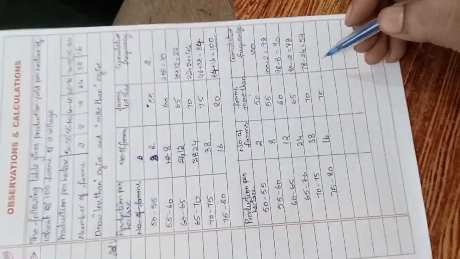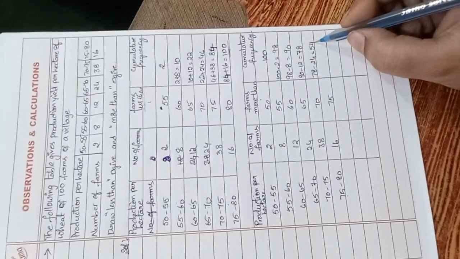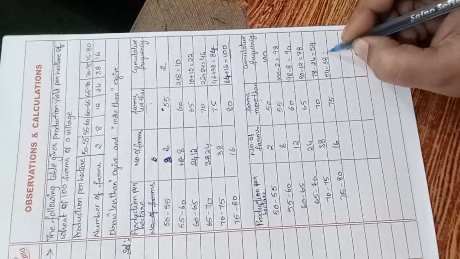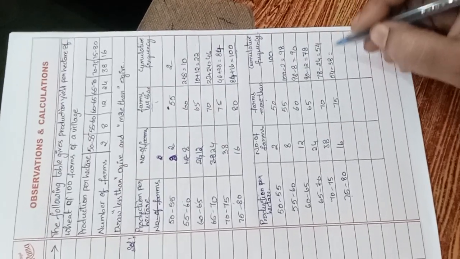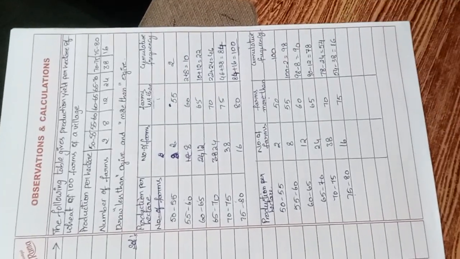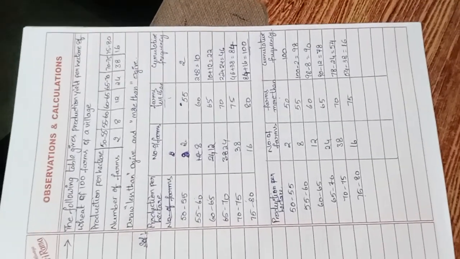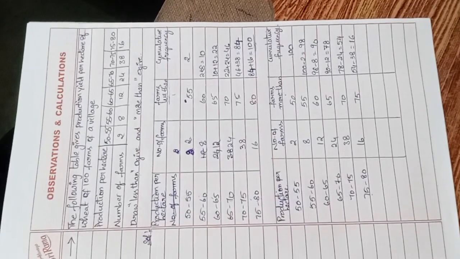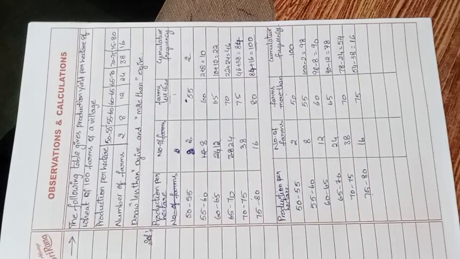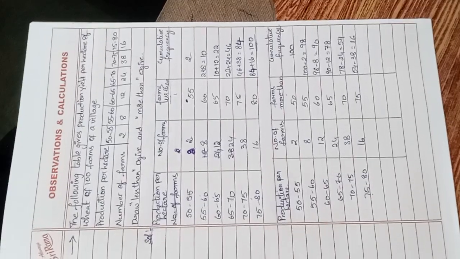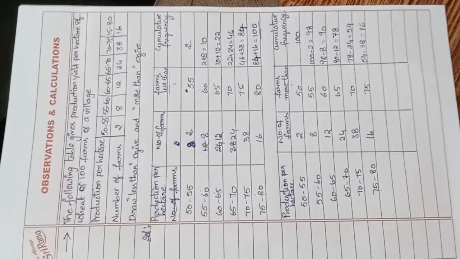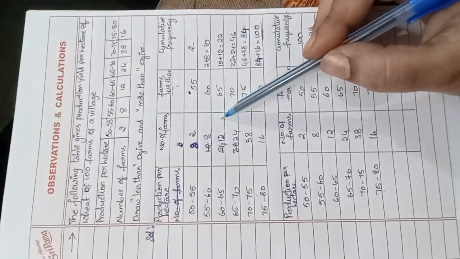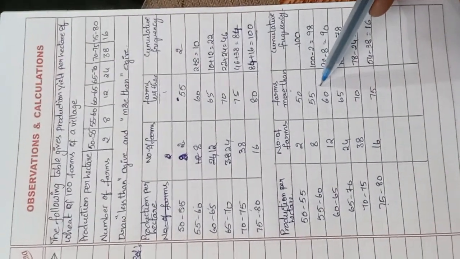Next, 54 minus 38, 16. Understood? Like this, we calculate the less than ogive curve table and more than ogive curve table.